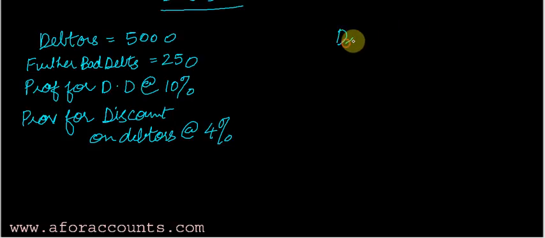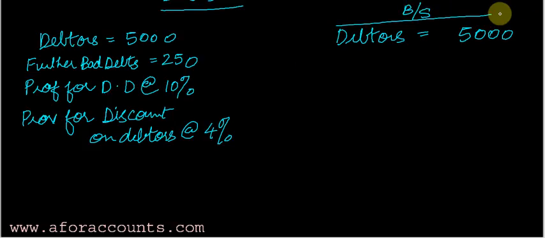In the balance sheet you have debtors. You take it from your trial balance or the information given as debits and credits in your question. So debtors is 5,000. First of all, in additional information, find further bad debts and decrease them from here. This is the presentation in your balance sheet which I am showing you.